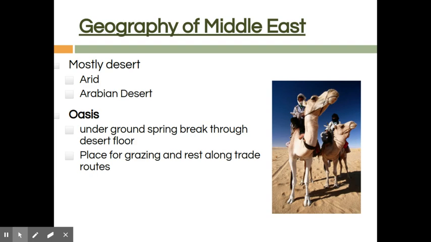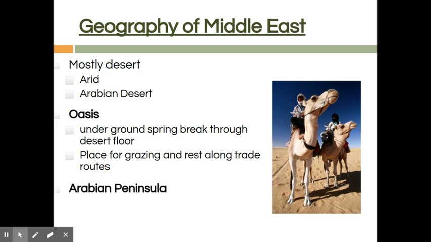If you're talking about a desert climate, an oasis is, in my opinion, a rest stop, especially if you're in a caravan, which is where you have several animals traveling together for the purpose of trade.